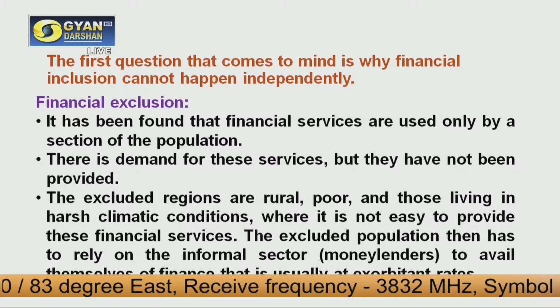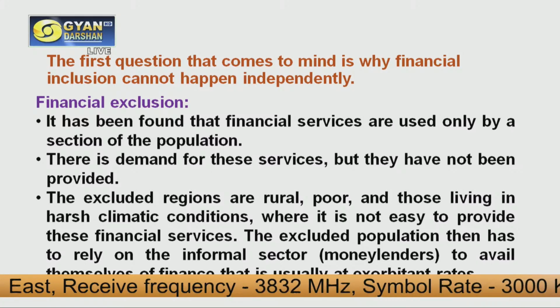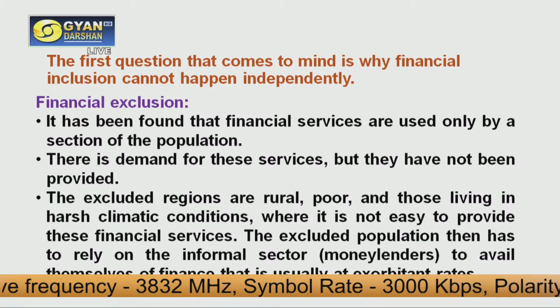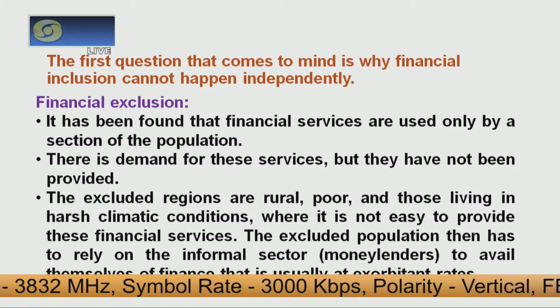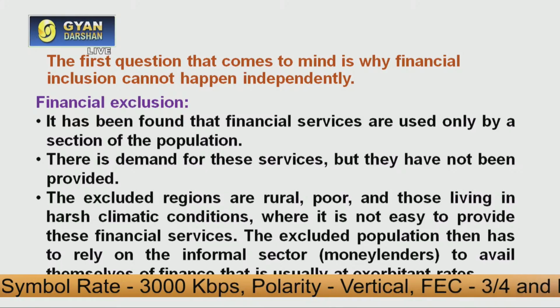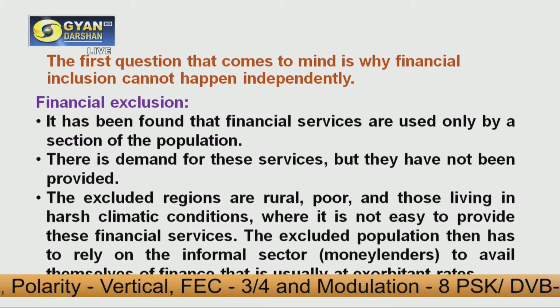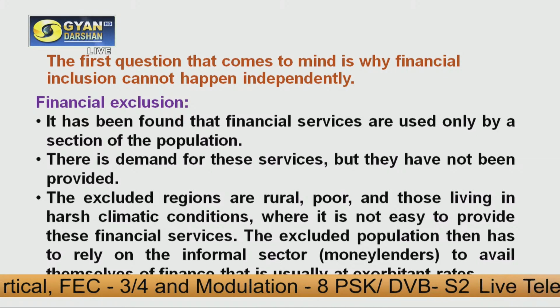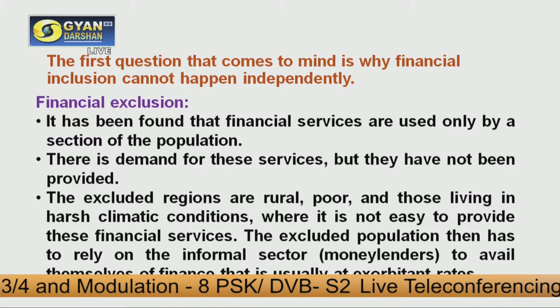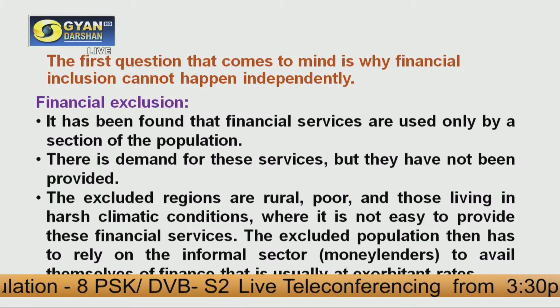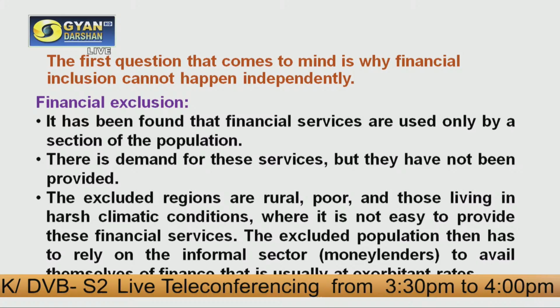Those who are excluded from financial services are mostly from rural areas, poor, or living in harsh climatic conditions where it is not easy to provide these services. The excluded population then has to rely on the informal sector. If they are not able to access financial institutions, these people go to money lenders to obtain finance.